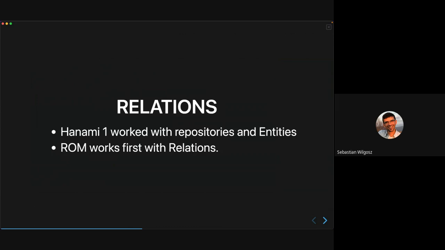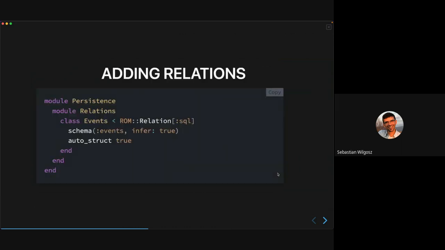And to be honest, except for relations, you don't need anything. You can work with relations and not care about repositories or entities at all. But of course, those abstractions help to keep things clean and well maintained in the project.